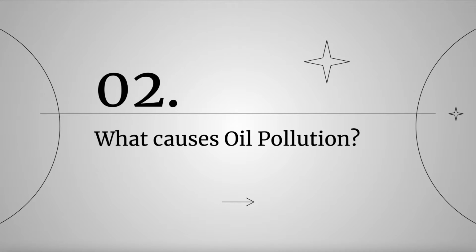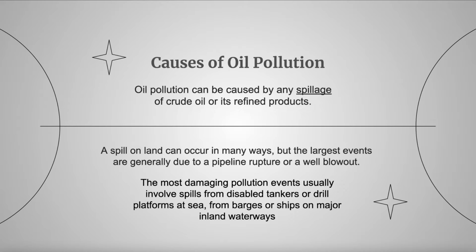This section will be on the causes of oil pollution. Oil pollution is caused by several things, including the spillage of crude oil and its products. Sometimes, pipeline ruptures or well blowouts will cause oil to spill over into the sea. However, the most damaging spillages occur on disabled tankers and drill platforms at sea.